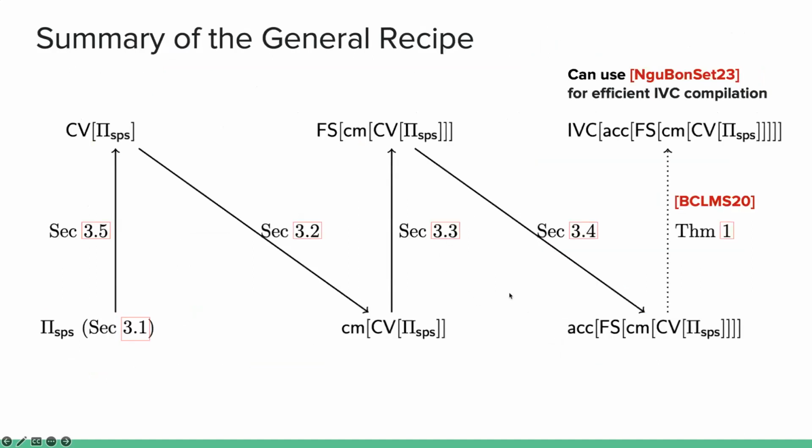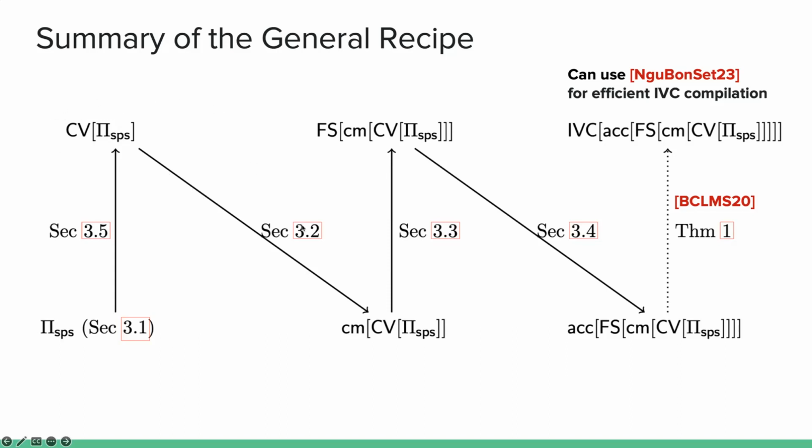Okay, so in summary, the general recipe works as follows. Given some NP-complete relation, we start with some special sum protocol, and we transform it into another interactive protocol that has much more compressed checks, and for which the checks are much simpler, so we can have a much simpler IVC scheme.